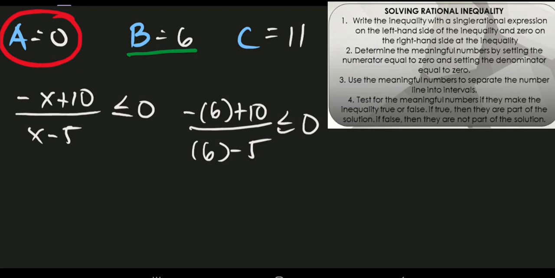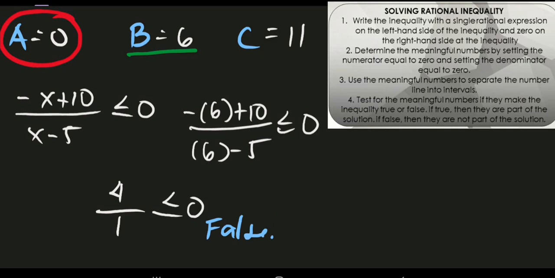Negative 6 plus 10 is equal to positive 4, all over 6 minus 5, that is equal to 1. So 4 over 1 is not less than or equal to 0. That means for interval letter B, this expression is not part of our solution. So it is false. B is not part of our solution.